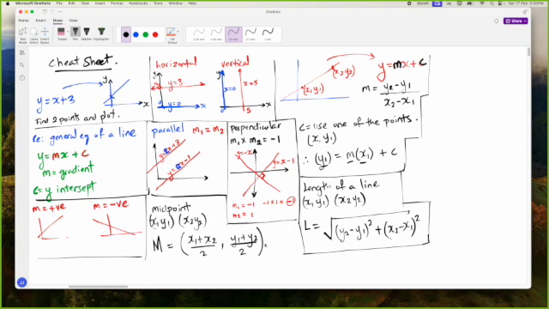I'm not sure if we're forgetting anything. Please let me know if you think we're forgetting anything. But this is your cheat sheet that covers the entire topic of coordinate geometry virtually.